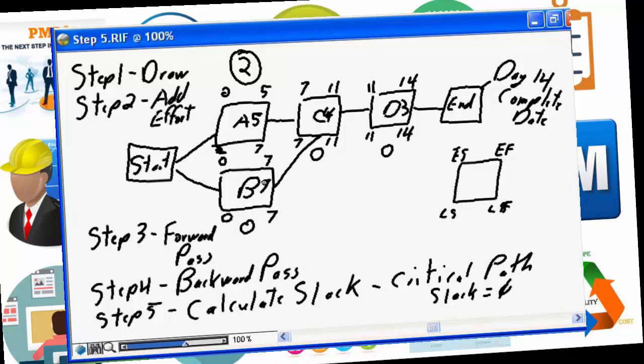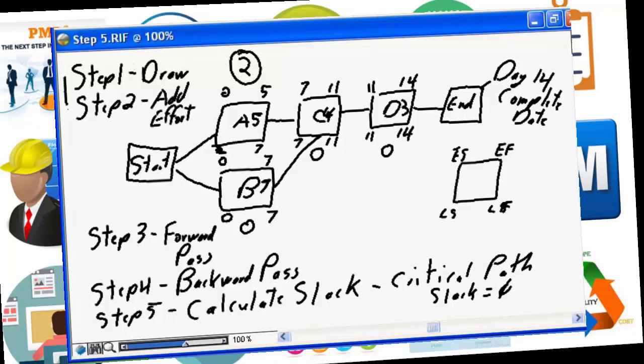Any impact of any time on the completion of B, C, or D is going to have an absolute impact on our ability to complete our project on day 14, and any impact that's going to be greater than 2, delaying task A from finishing, is also going to have an impact on our completion date, but we know we have that slack, we have that available time of 2 days, allowing A to start late or finish late. That's still not going to impact our ability to complete our project on time.